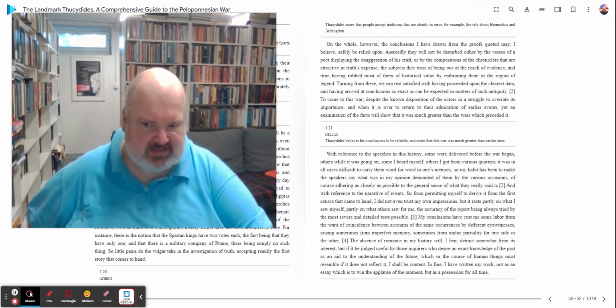Assuredly, they will not be disturbed either by the verses of a poet displaying the exaggeration of his craft, or by the compositions of the chroniclers that are attractive at truth's expense, the subjects they treat being out of reach of evidence, and time having robbed most of them of historic value by enthroning them in the region of legend.